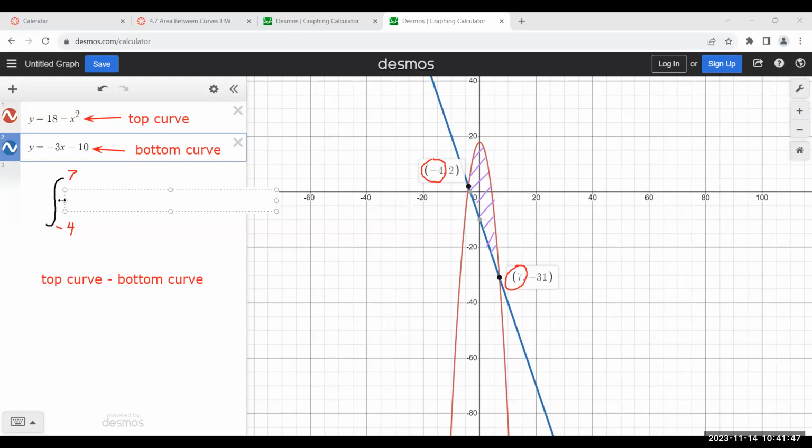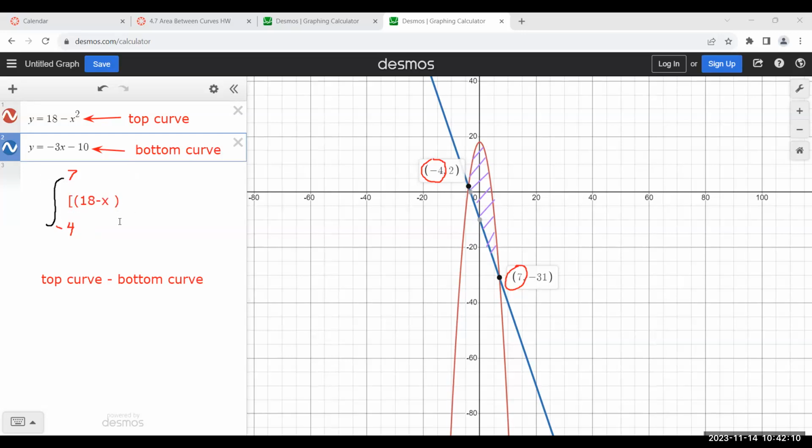So we'll have our top curve, which is 18 minus x squared. You know what? I'm gonna put a bracket here, or you can put another parentheses.